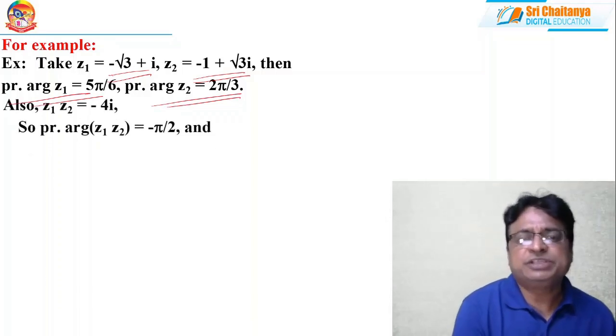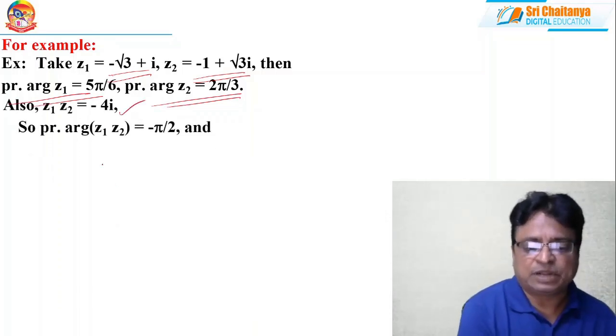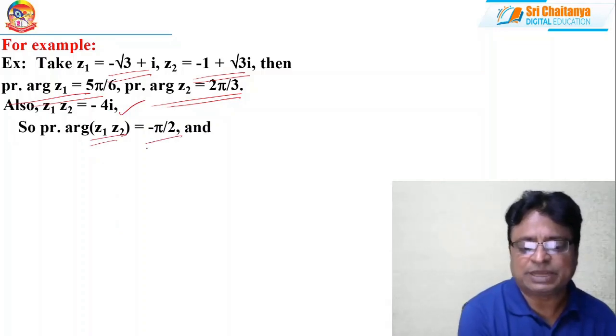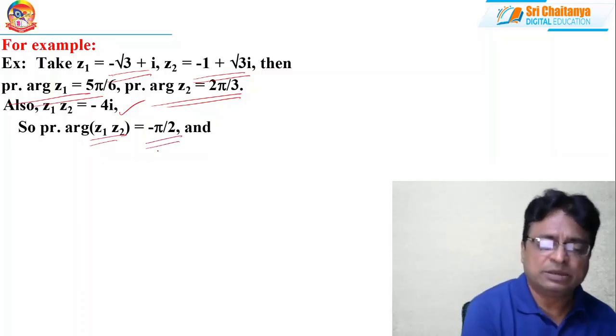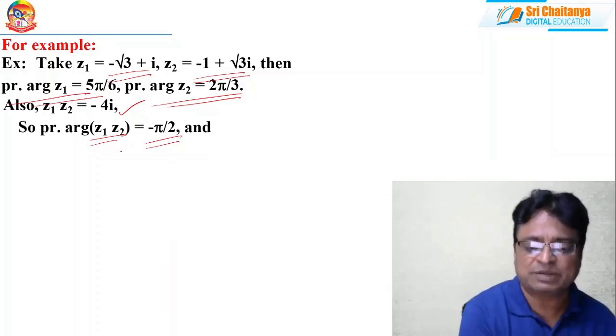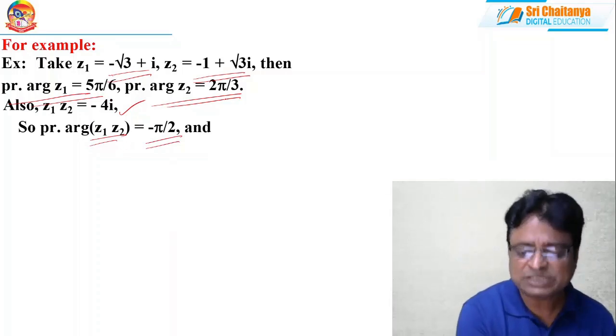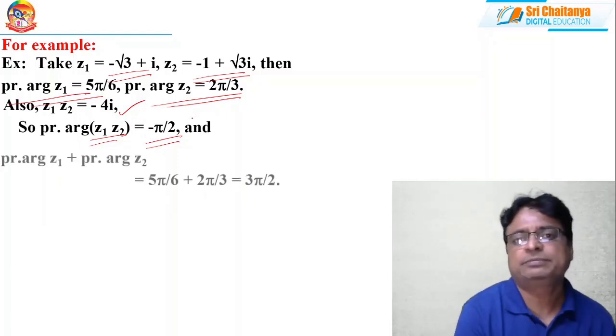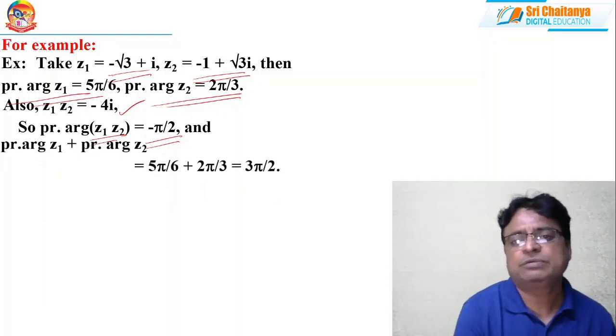So what is Z1 Z2? This is minus 4i. So the principal argument of Z1 Z2 is equal to minus pi by 2. As per the formula, the principal argument of Z1 Z2 would be the principal argument of Z1 plus the principal argument of Z2, that is 5 pi by 6 plus 2 pi by 3, which is not equal to minus pi by 2.